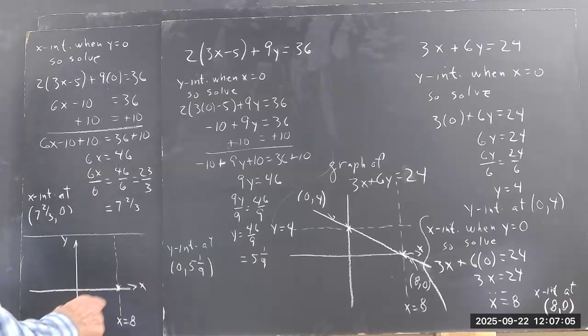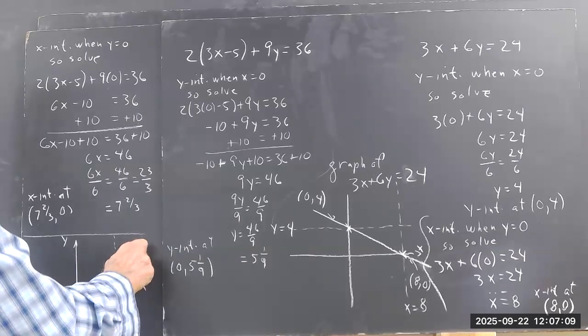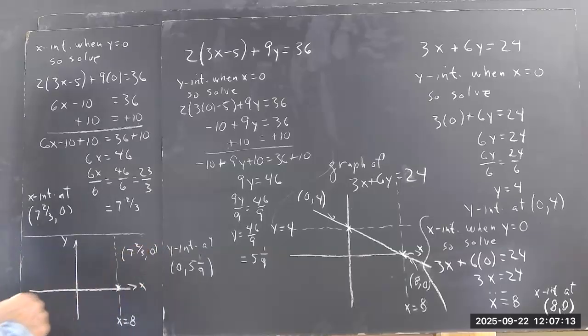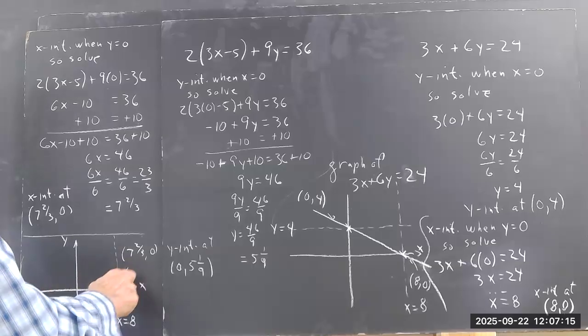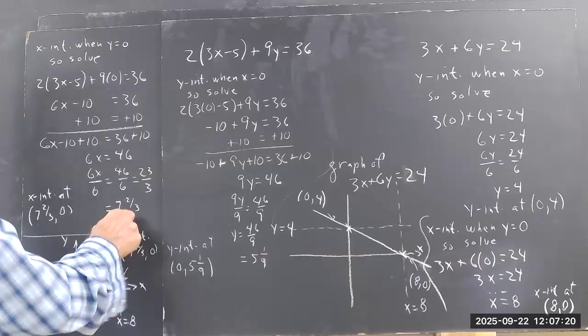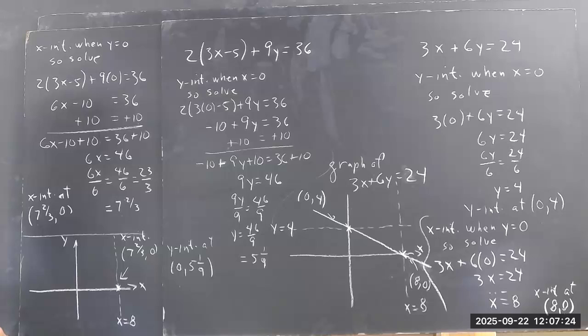Just a little bit to the left of 8, we have the x-intercept, which is 7 2/3, 0. We have the y-intercept, which is at 0, 5 1/9.